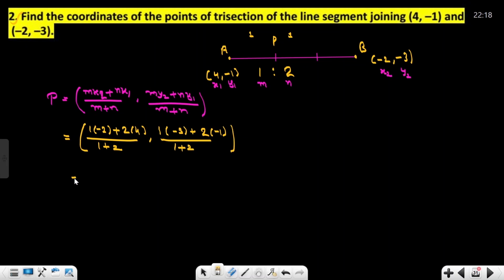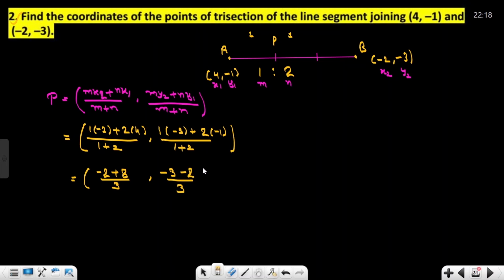Close the bracket. Look here, 1 into minus 2, minus 2. 4 2s are 8. 1 plus 2, 3. 1 into minus 3, minus 3. 2 into minus 1, minus 2.